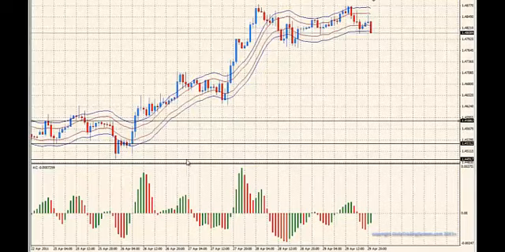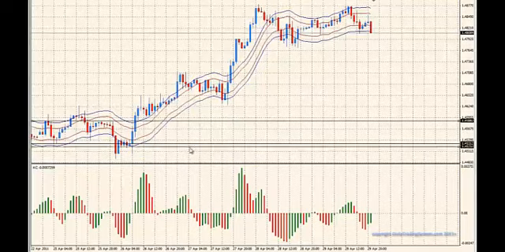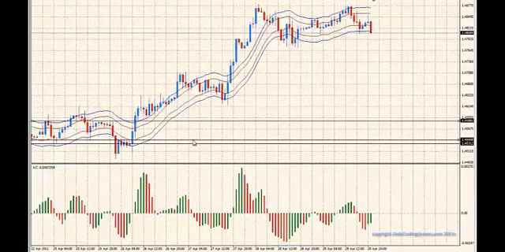What I would do is move my stop loss to break even, and/or bring it up to the first area inside that red band right there. That way, if the market reverses, you'll always make some money out of it.